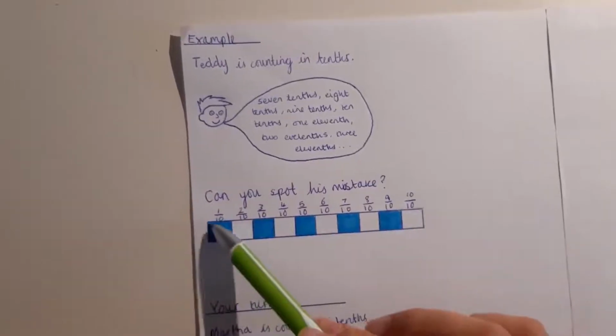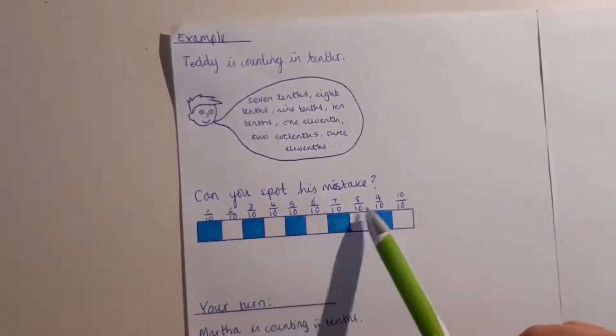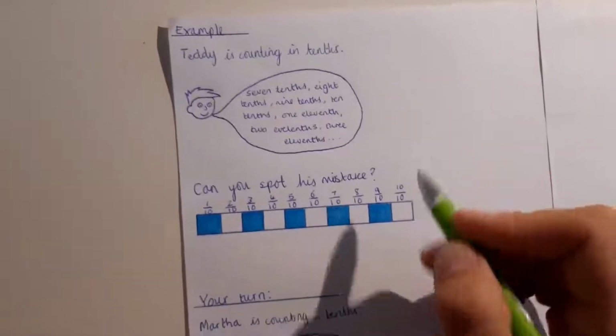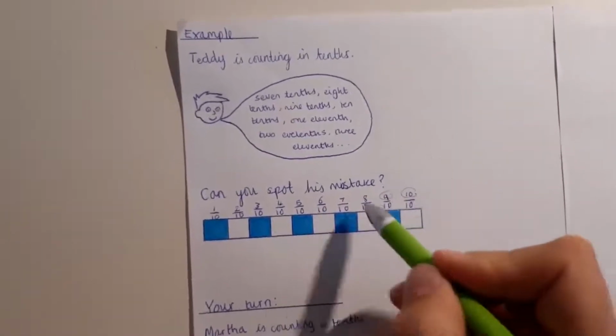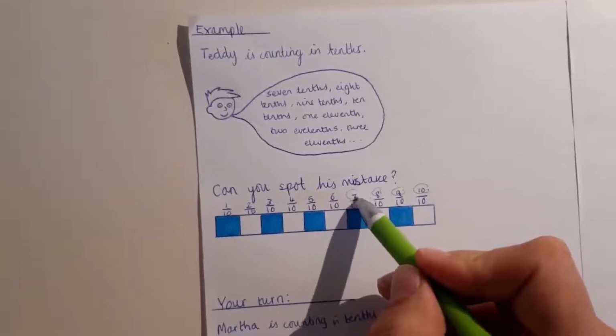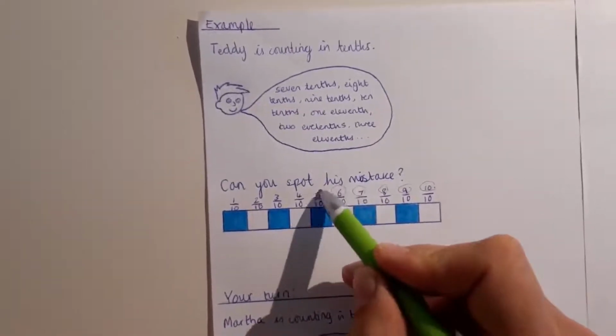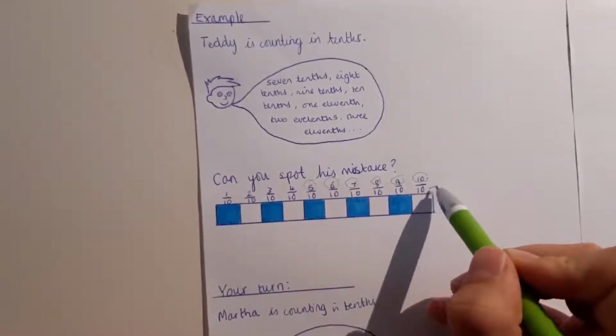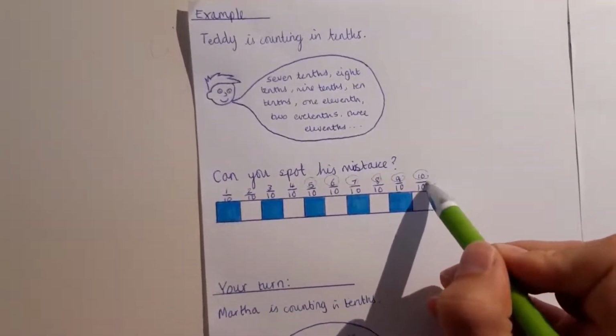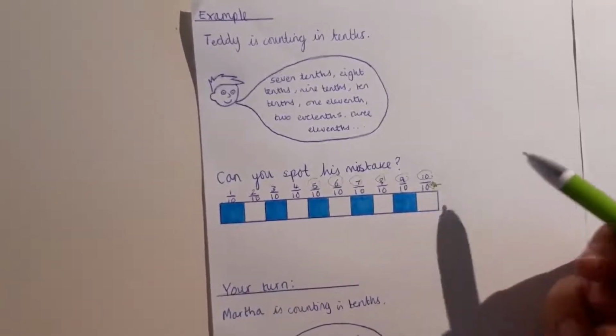And we know that along here, as we're counting up in tenths, the only numbers that are changing are the numerators, the top numbers of the fraction, and the denominators are all staying the same because we're counting in tenths, aren't we?